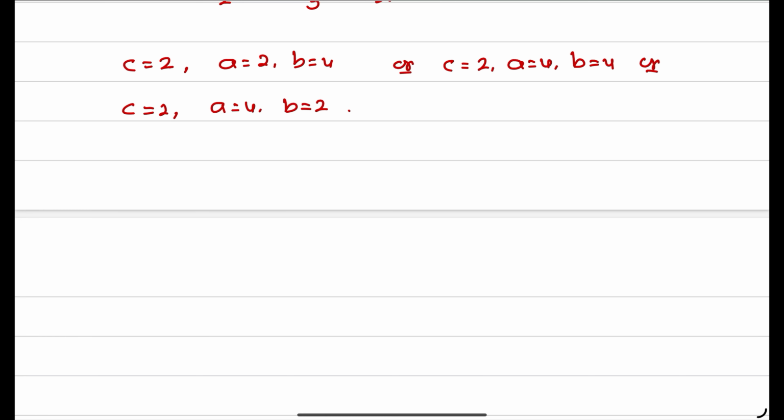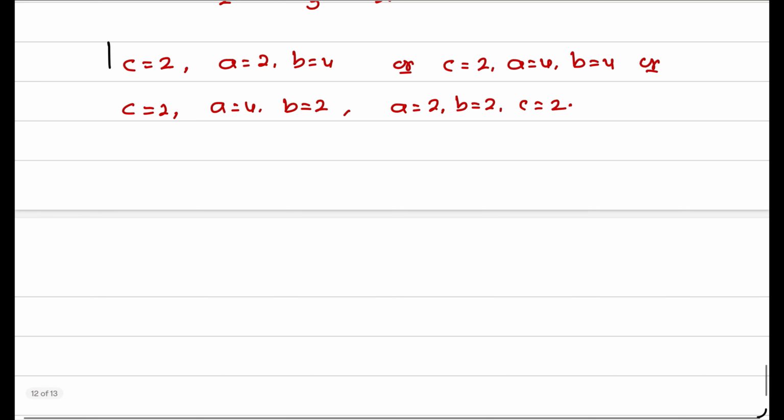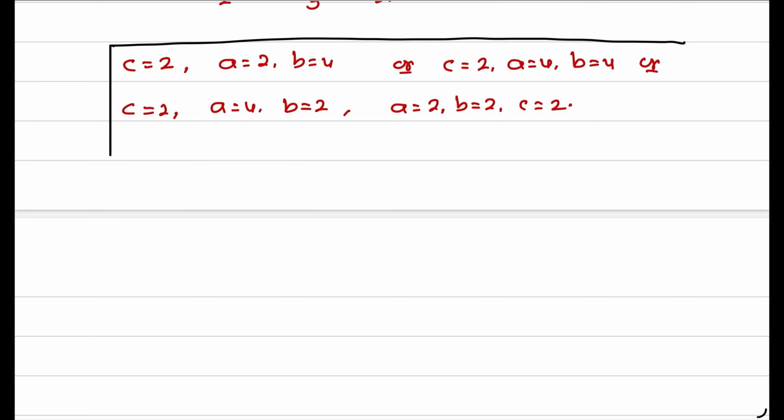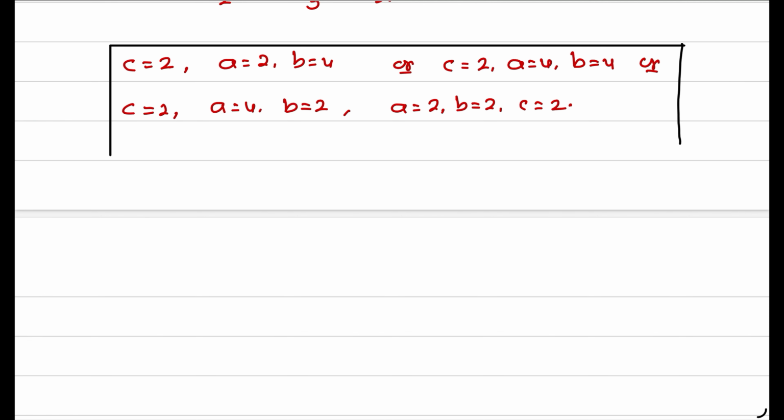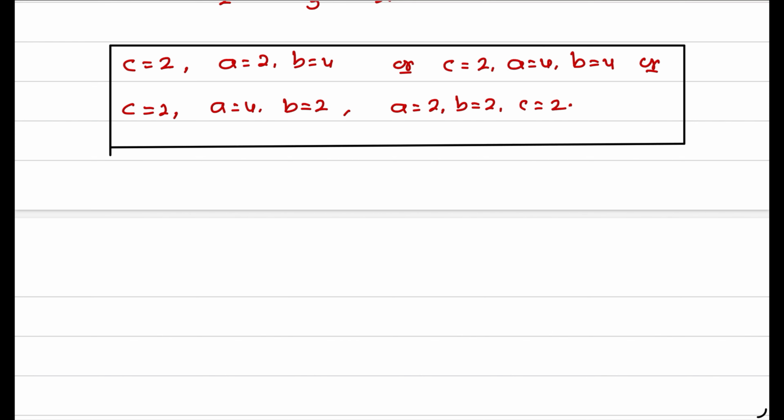Or we can have A is equal to 2, B is equal to 2 and C is equal to 2. These are the 4 possible solutions for the given problem.